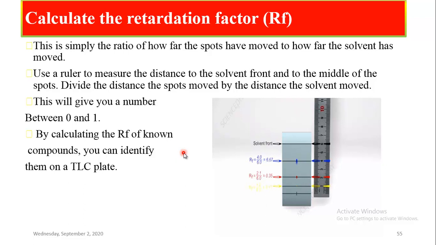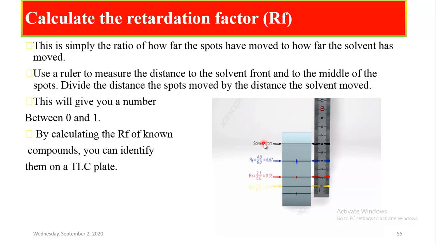How can we calculate RF? I have used a video again. This is the baseline from where we started the practical, and these are the components separated by the solvent, and this is the mark we used, called the solvent front.